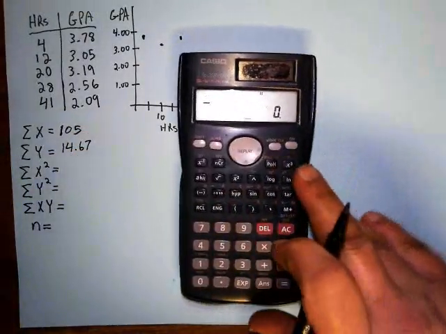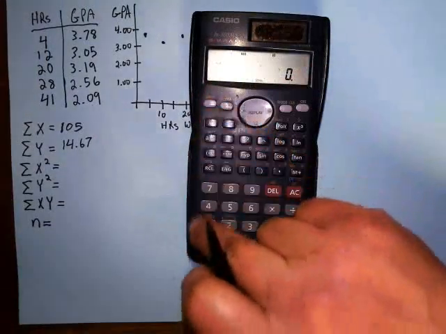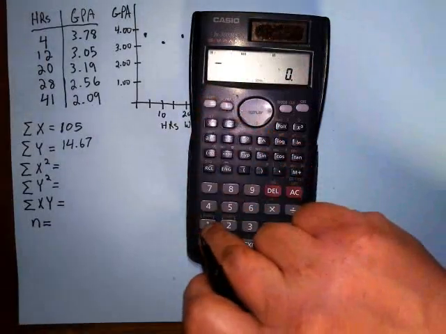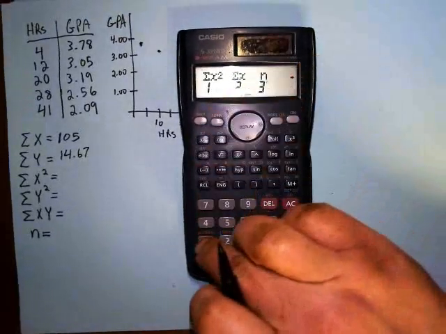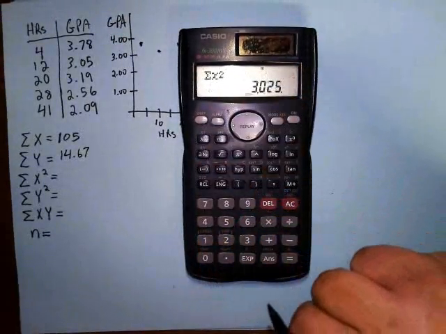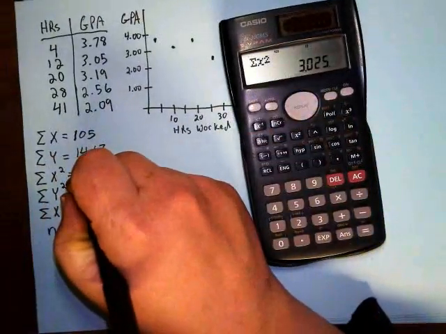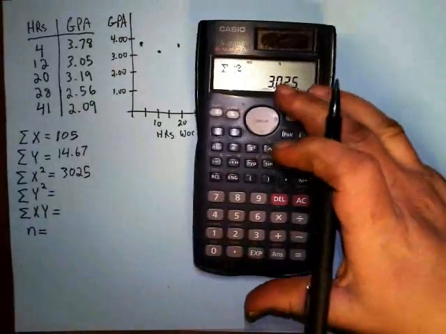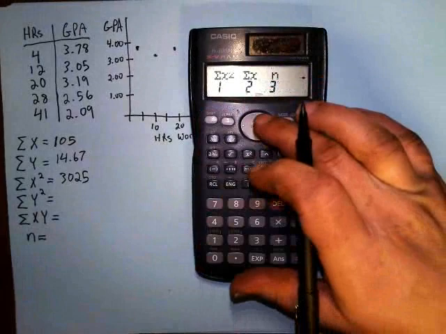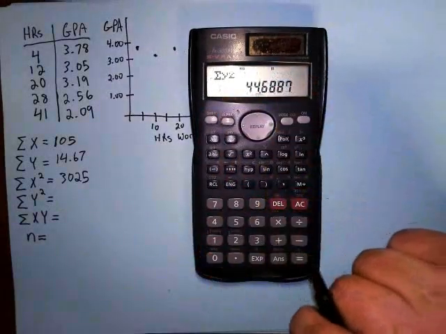Now I'm going to hit Shift 1 again. Remember, this is the same that you did when you were calculating the standard deviation. Shift, and up above the 1 is S-sum, so Shift 1. And then I'm going to hit 1 for the sum of x squared, so 3025. Then Shift 1 and go over, and there's my sum of y squared, hit 1 and hit equals.